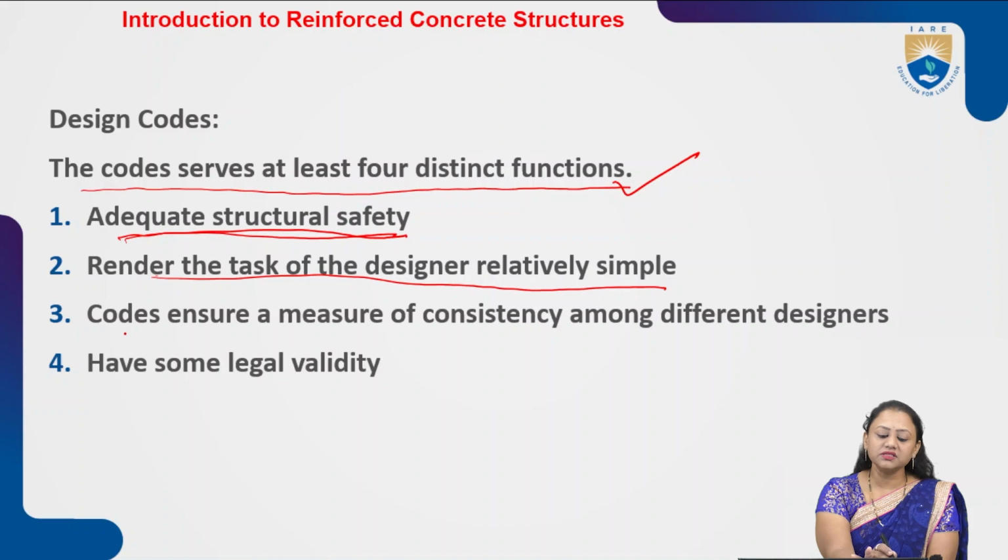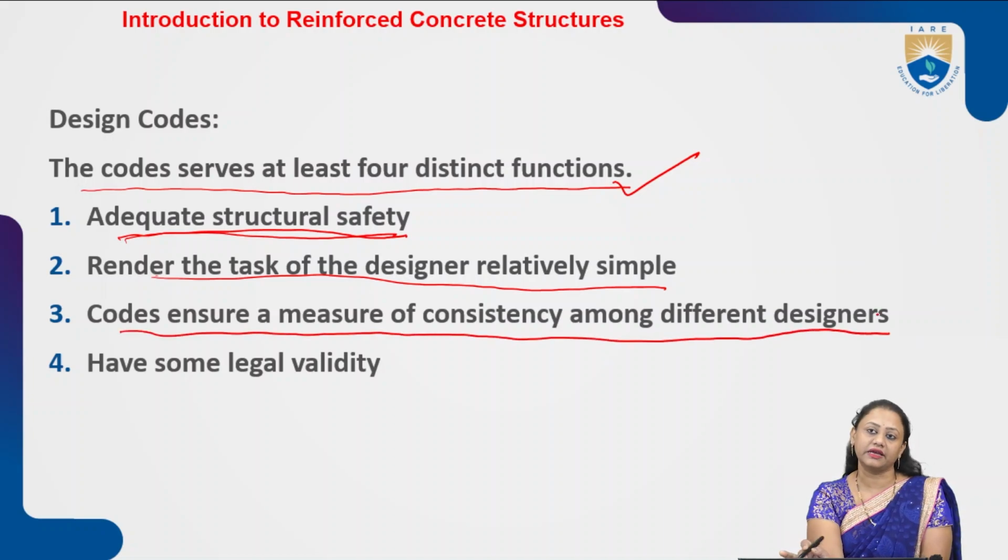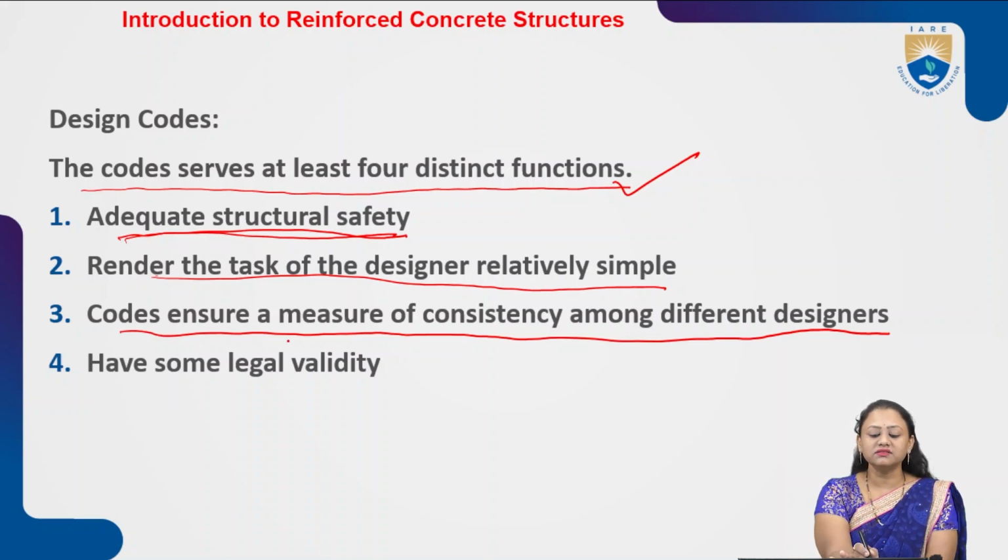The third point is the code ensures a measure of consistency among the different designers. So different cities, different towns, different villages, all across the different states in the country, all the buildings should be constructed with consistency, right? The code is going to provide consistency in the design procedure throughout the country.